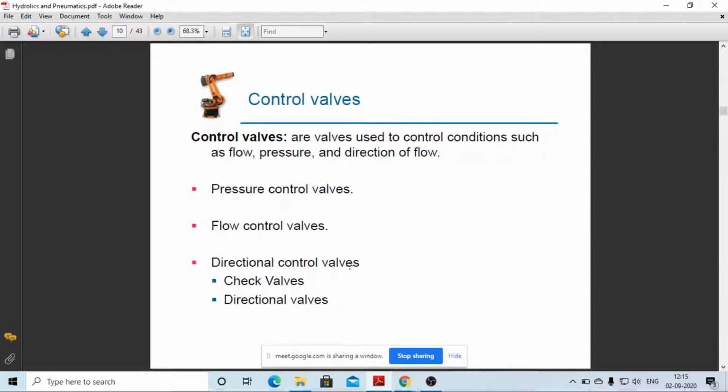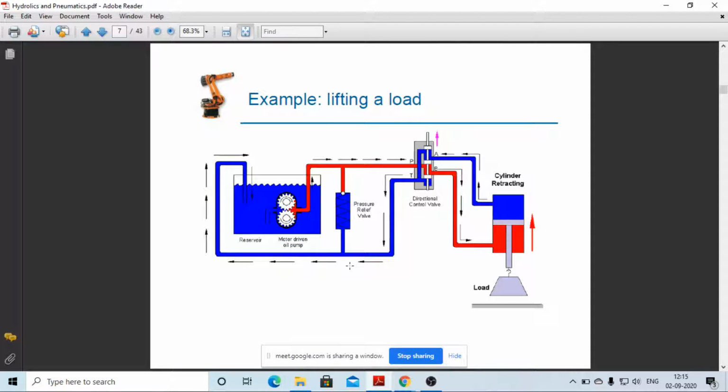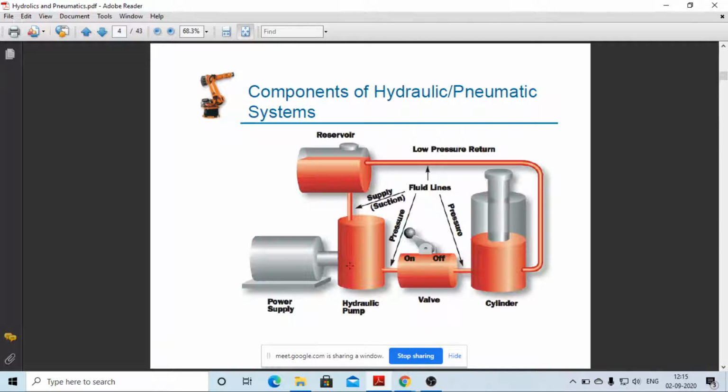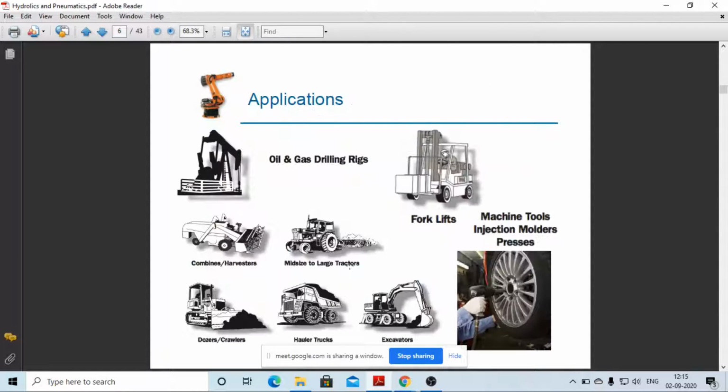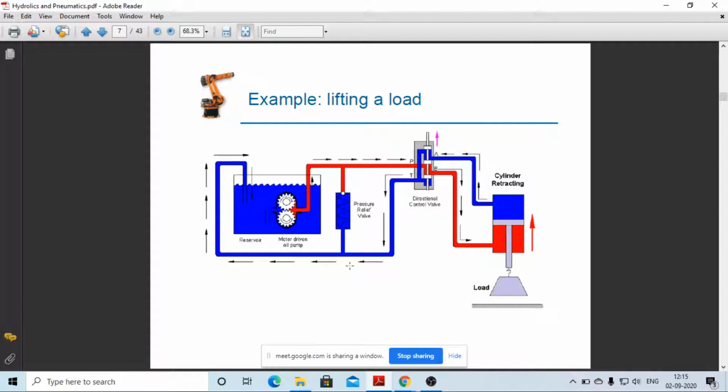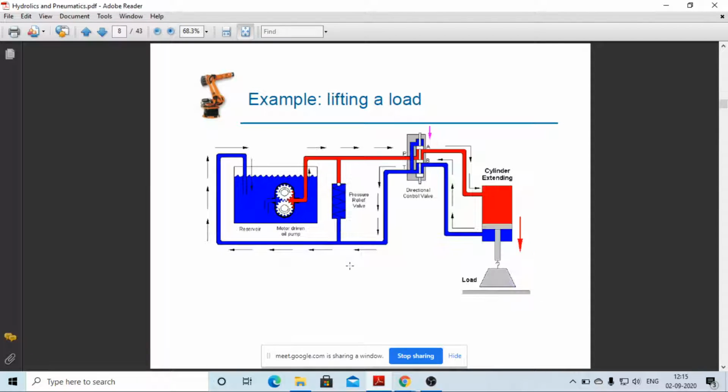So you have to just discuss the simple block diagram of the hydraulic systems, then the components of the hydraulic systems, and then by these two diagrams the functioning example of your hydraulic systems. So it is all about the hydraulic system.